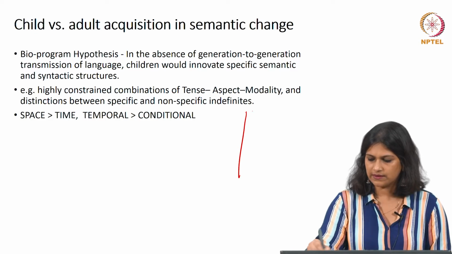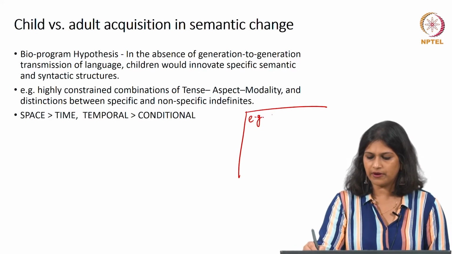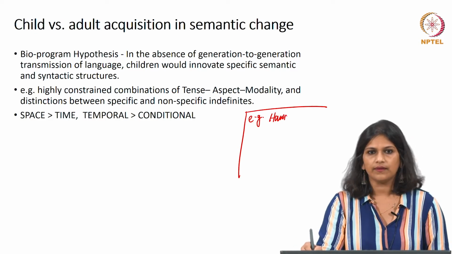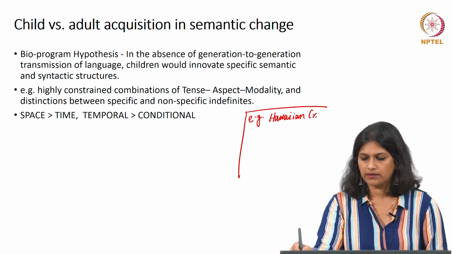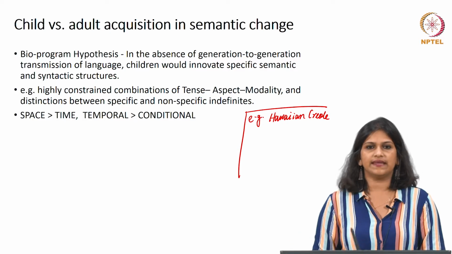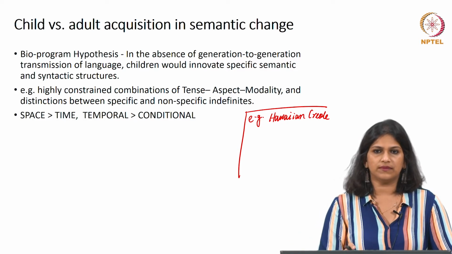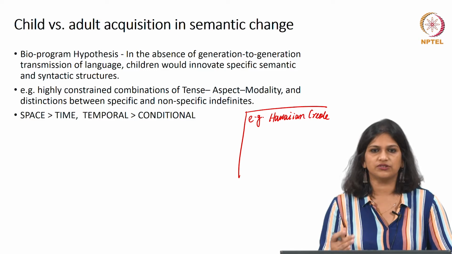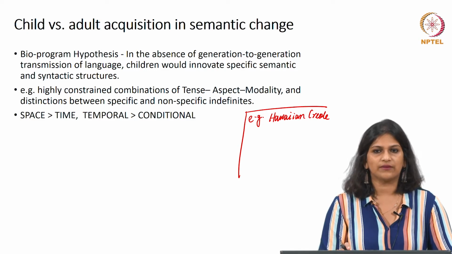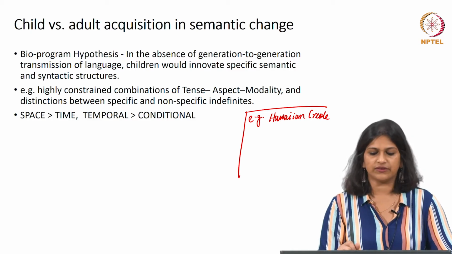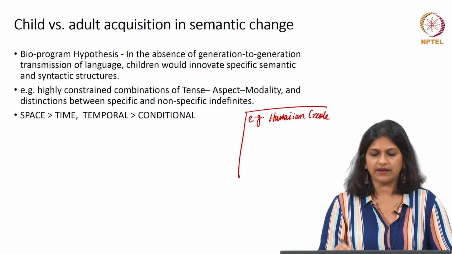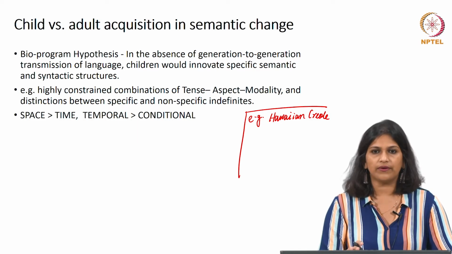The example comes from Hawaiian Creole, where there is an absence of generation to generation transmission of language. In such cases, children would innovate specific semantic and syntactic structures. This is a very important statement.